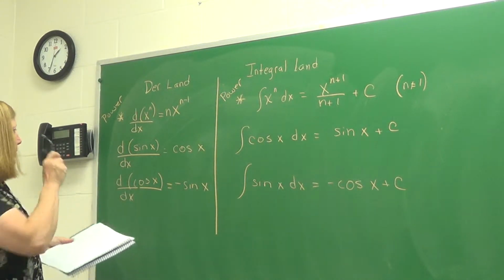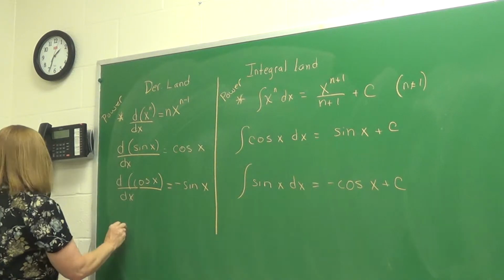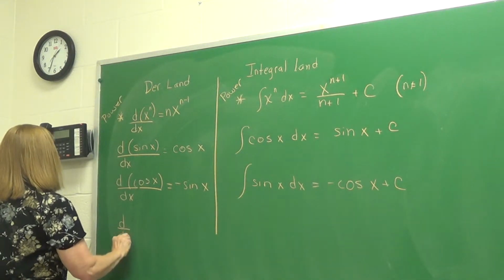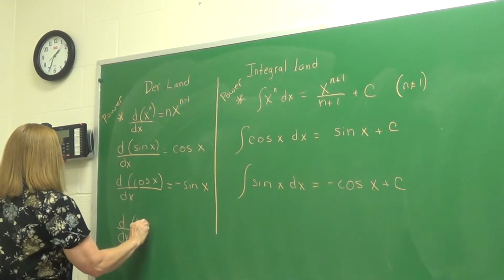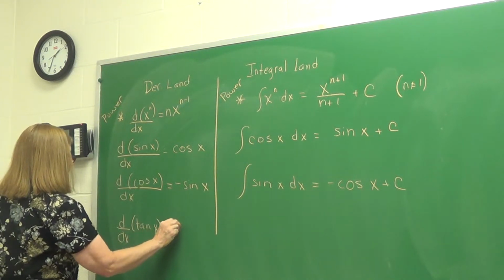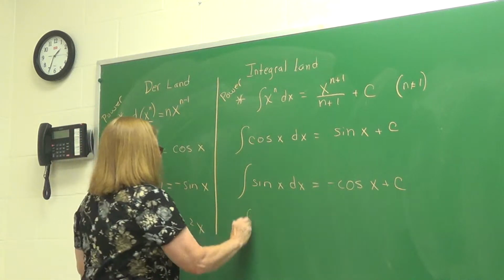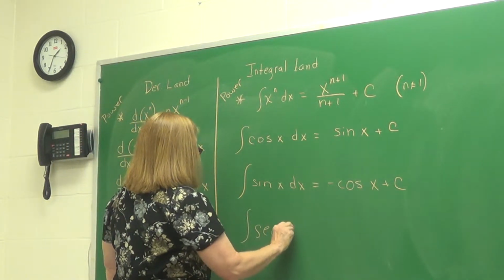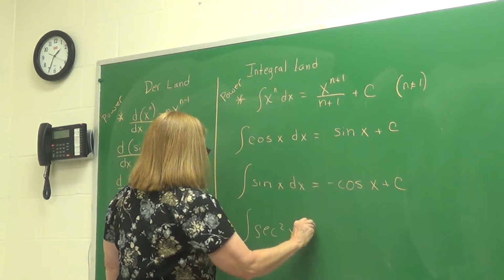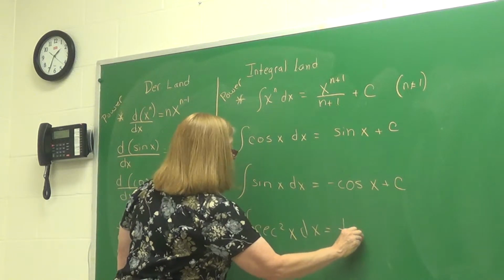All right, the next one, the derivative of tangent was secant squared. So over here in integral land, we can only do secant squared. It works the opposite.